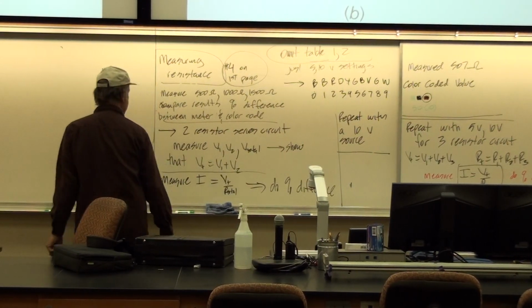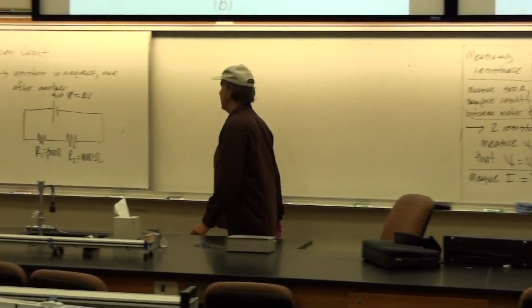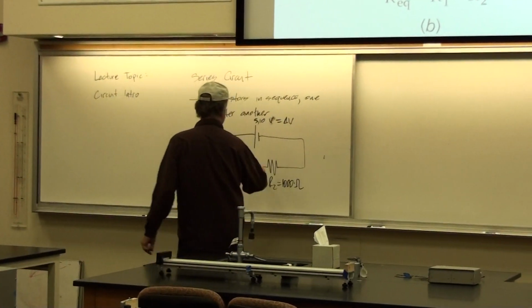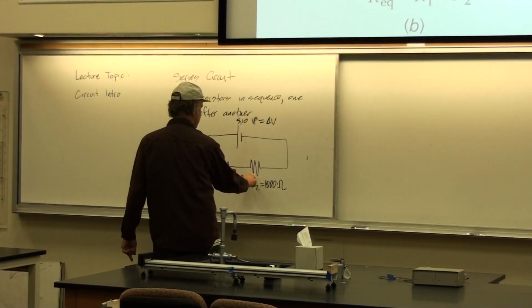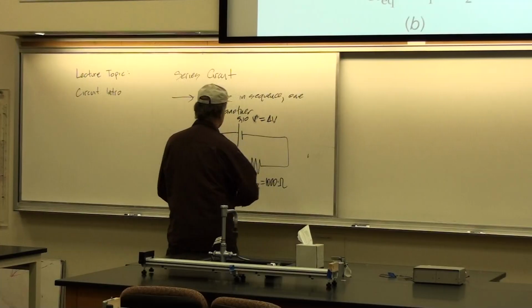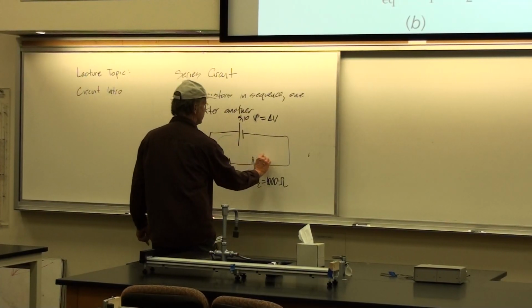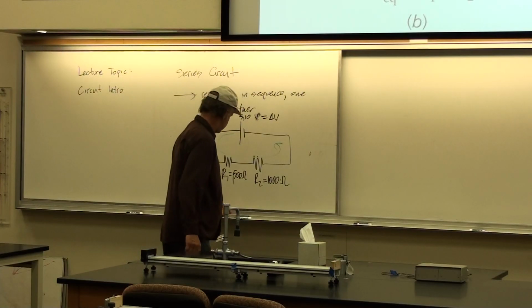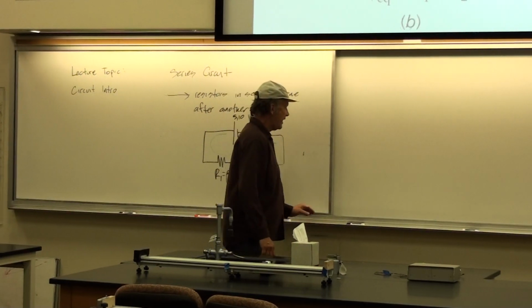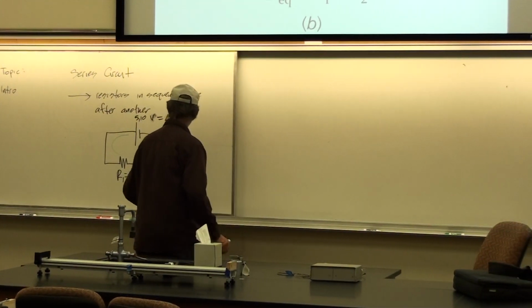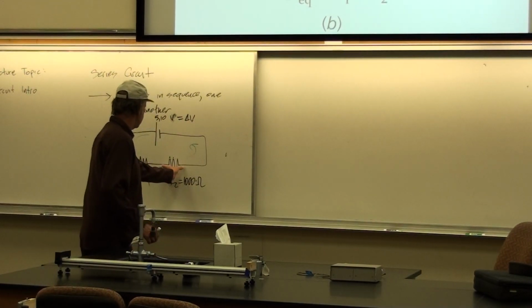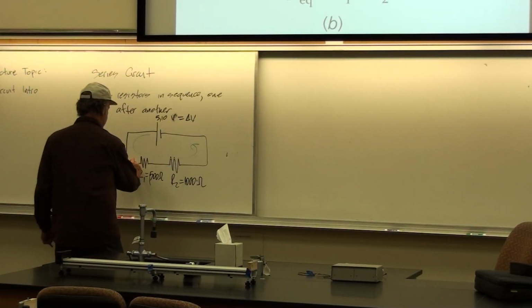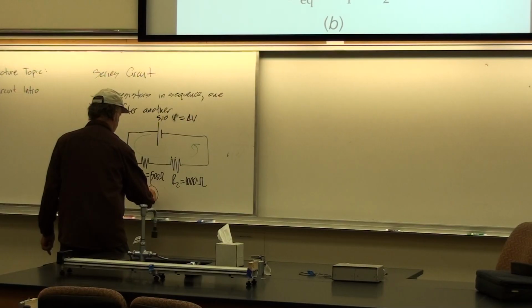Then we'll have this 2-resistor circuit. It's in series like this. So this is our delta V. These are the resistances, and here's the current. A property of these series circuits is that if I measure the voltage across R1, I get V1.